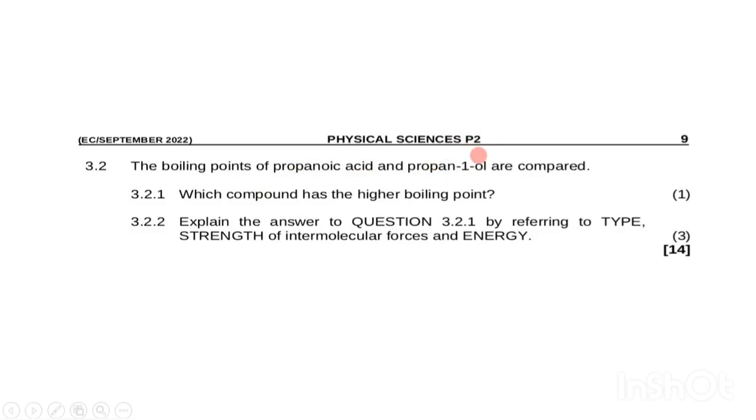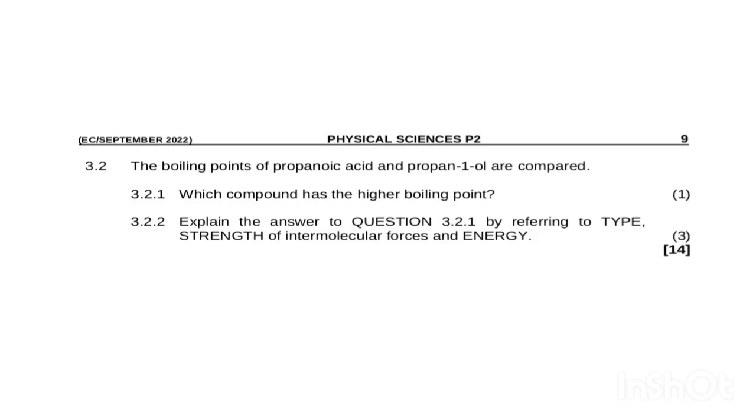Now, you will remember from our notes that we said the carboxylic acid and the alcohol have hydrogen bonds, right? But then what is the difference here? The carboxylic acid has two sites of hydrogen bonding, but propan-1-ol has only one.